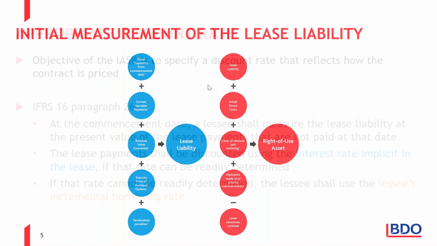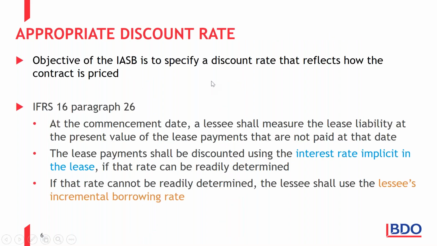So if we then look at an appropriate discount rate, which is really critical to determining the lease liability, one could say, on the one hand, you have to come up with the cash flows, as we've illustrated on the previous slide, and on the other hand, what is the appropriate discount rate to discount those cash flows to day one.